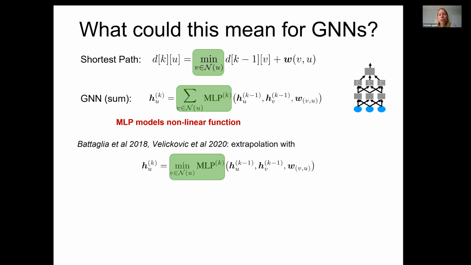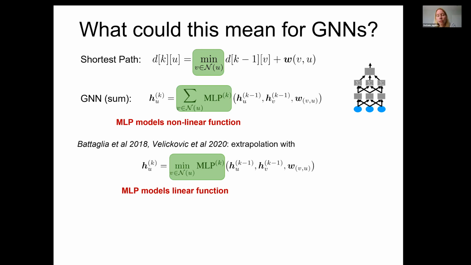But people have observed that GNNs can generalize across different graphs. What they used was not the sum MLP, but the min MLP for shortest path. Now if you think about the min MLP, all the MLP needs to implement here is a linear function.